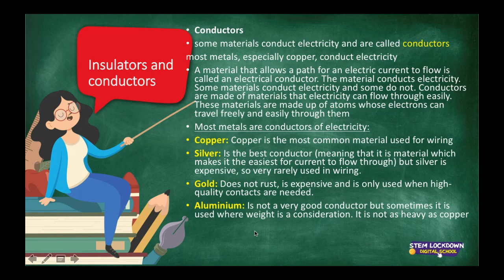It is not as heavy as copper. So we know that aluminium is a conductor, but is not as good as copper. And also it's not very heavy, whereas copper is just a lot heavier than aluminium. Right, so these are basically the most common conductors of electricity.